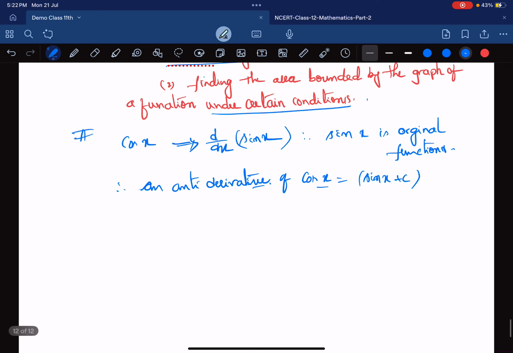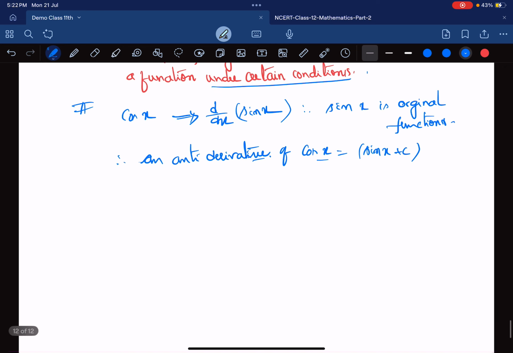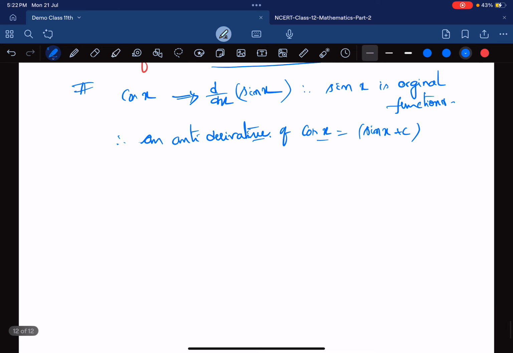So the derivative of sin x is cos x, and the derivative of the constant is 0. Similarly, if the function given is 3x square, which function's differentiation is 3x square? x cube's differentiation is 3x square.